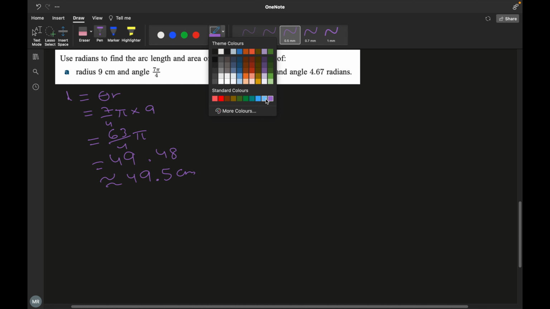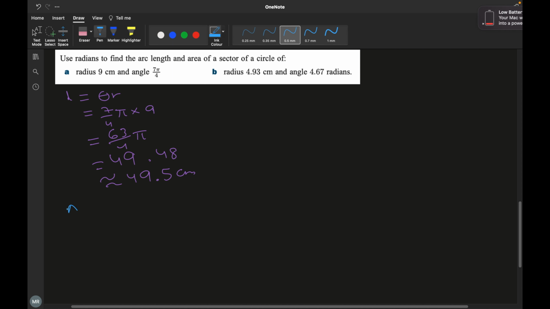Okay, now let's find the area. Area would be half theta r squared. Sorry, my bad. Half theta r squared.